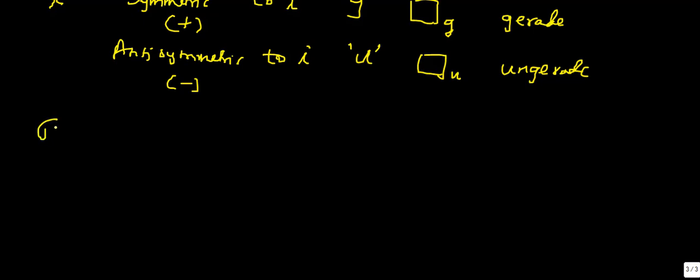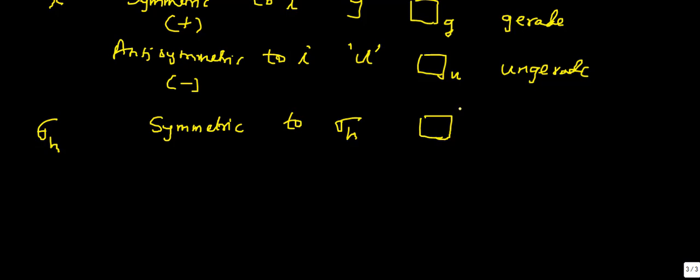The next we are going to look at is sigma h, the horizontal plane of symmetry. When it is symmetric to sigma h, then we will have the superscript instead of subscript.